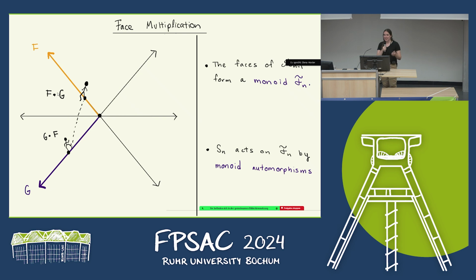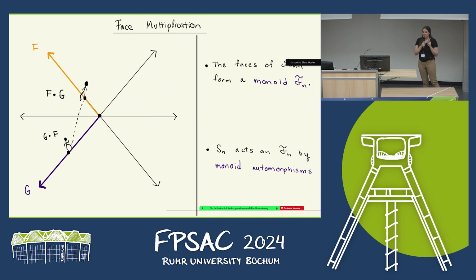The way you multiply F times G is you pick some starting point in F, any point is okay, and then take an epsilon step along a line from F to G. So when you do that, you're going to end up in some potentially new face. Here we end up in this two-dimensional chamber. So this chamber is F times G.